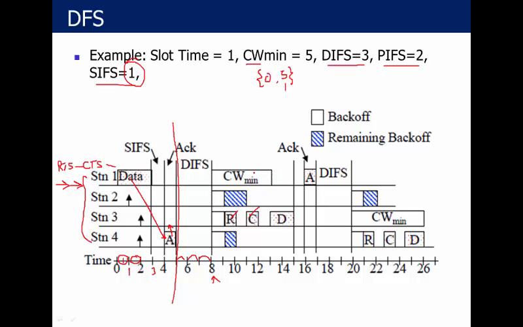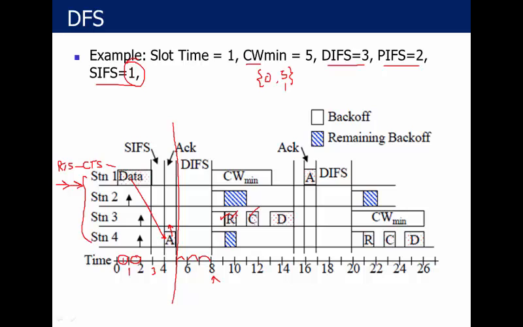So within this time period, station 2, 1, 2, 3, 4, if they are still waiting, can be randomly assigned. So at say time 9, station 3 is picked.